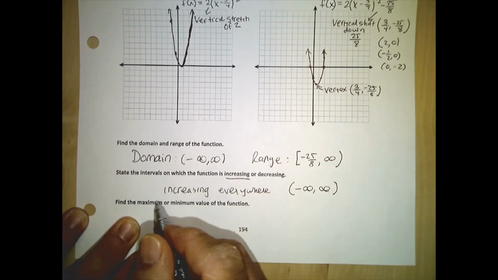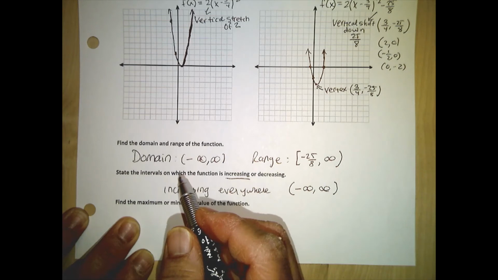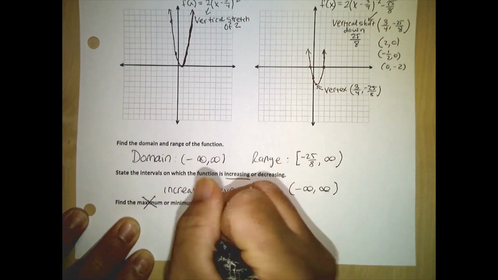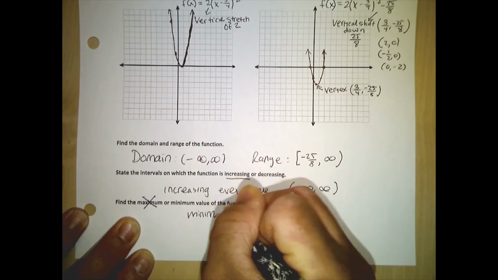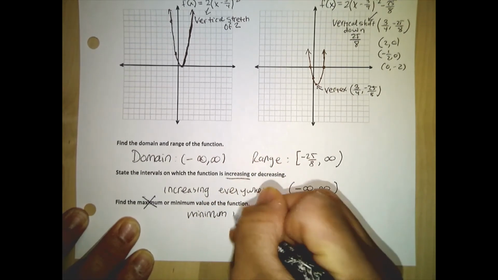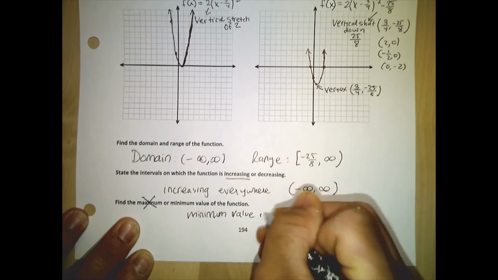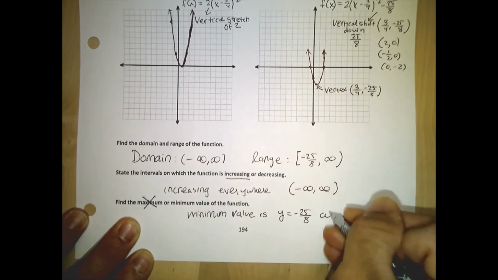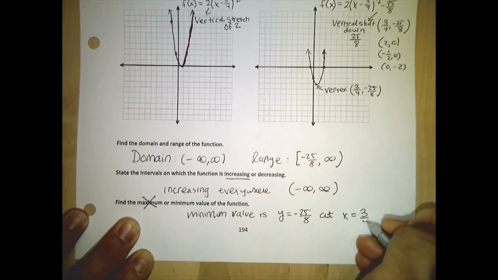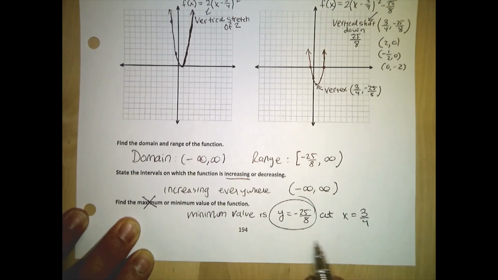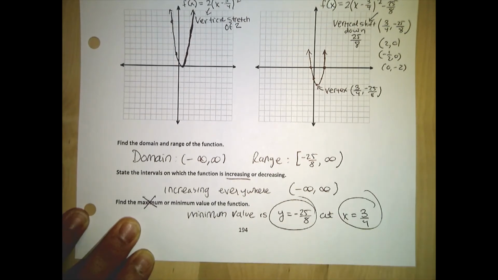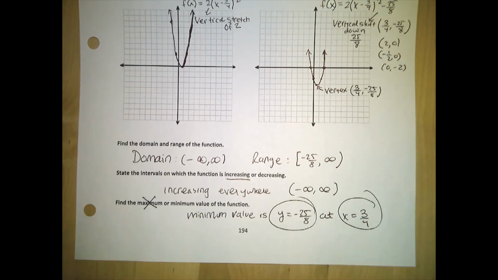And then this is a parabola that's opening up, so it does not have a maximum value, but the minimum value is y is negative 25 over 8 at 3 over 4. So the minimum value is negative 25 over 8, and this is the x value at which the minimum occurs.